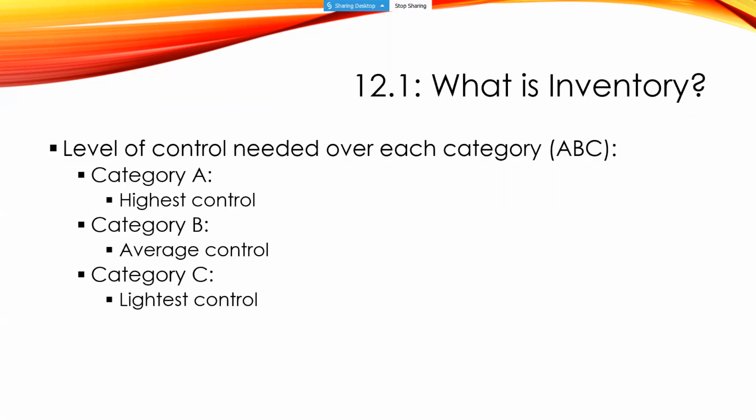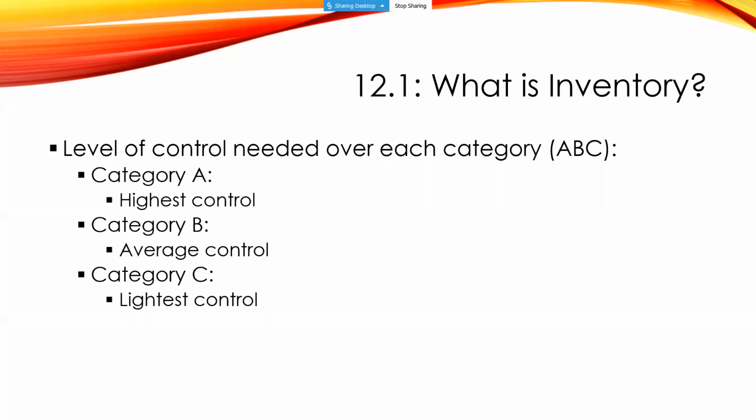Category C, your lightest control. Those items which are low in cost and plentiful in quantity. When I was thinking of car dealerships, I think of those little plastic keychains they give you with a purchase of a car.